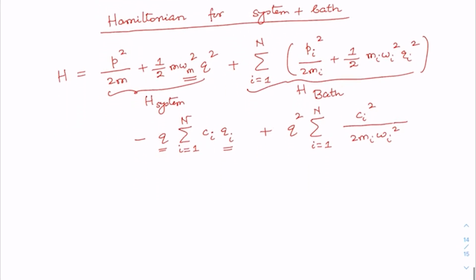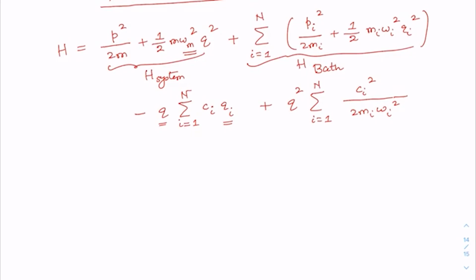Now from this Hamiltonian we can write down the first order differential equations for the bath and the system variables. You recall that the equations of motion we can write in terms of the Hamiltonian like this: qj dot is equal to ∂H/∂pj, and pj dot is equal to minus ∂H/∂qj. Using this we can write the equations for the system.